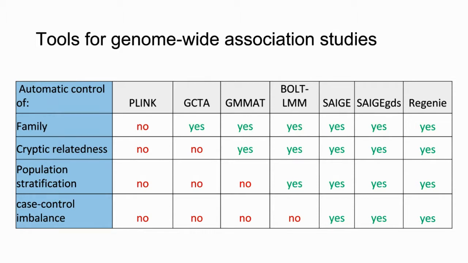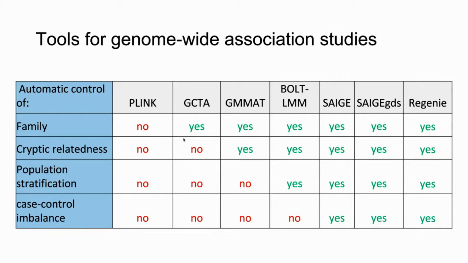Plink does not correct automatically for any of the problems that we mentioned, but as I mentioned, you can do it yourself, including the model PCs, remove outliers from family, remove family members, remove outliers from PCA analysis. So you can still work with it, but you are not going to have all these advantages.